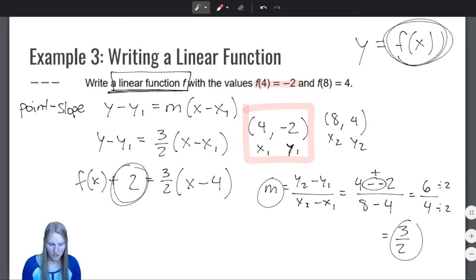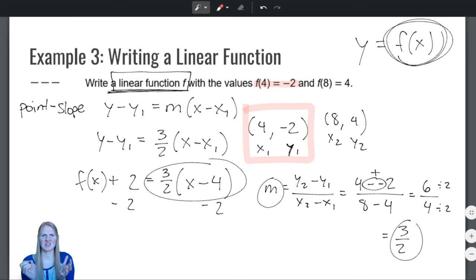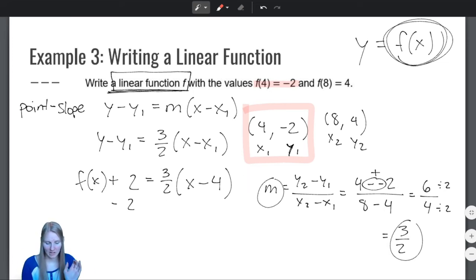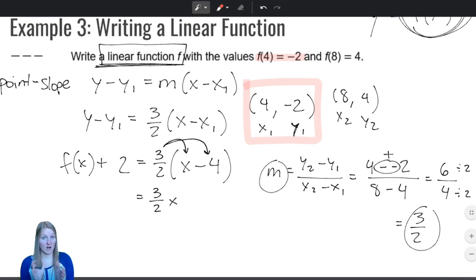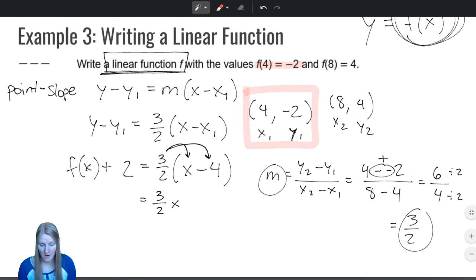Now, if I try to subtract 2 from both sides, I have these parentheses here. So let's get rid of the parentheses. I'm going to zoom in here. We'll do 3/2 times x, which is 3/2 x. And 3/2 times -4. This requires you to remember how to multiply fractions.